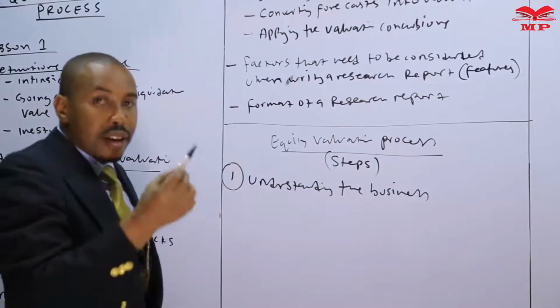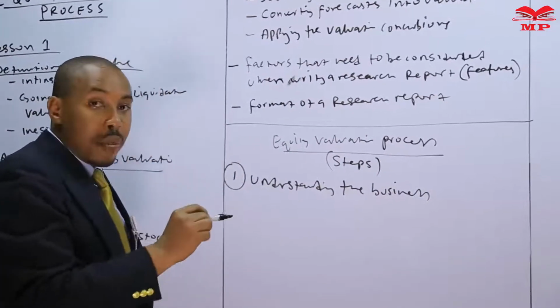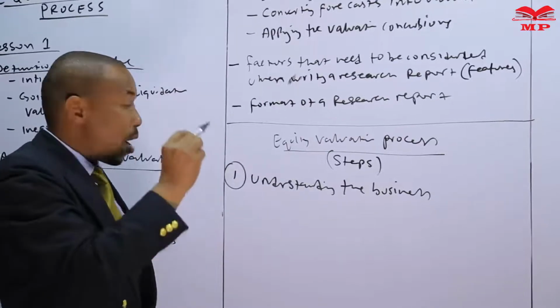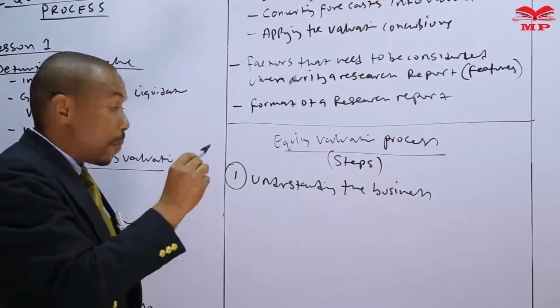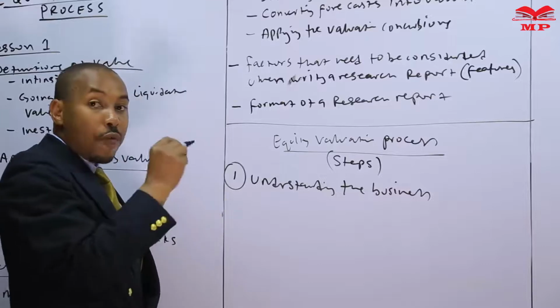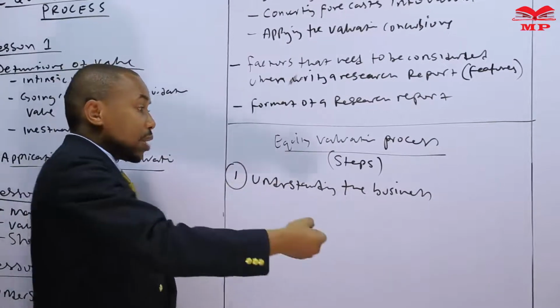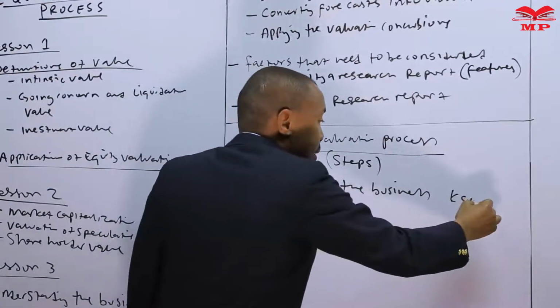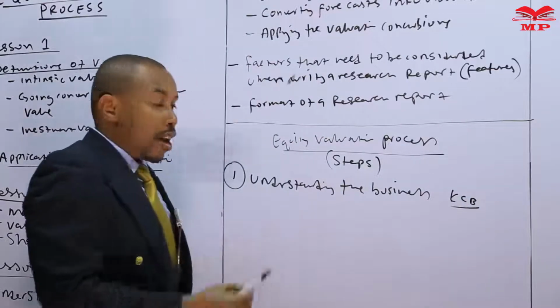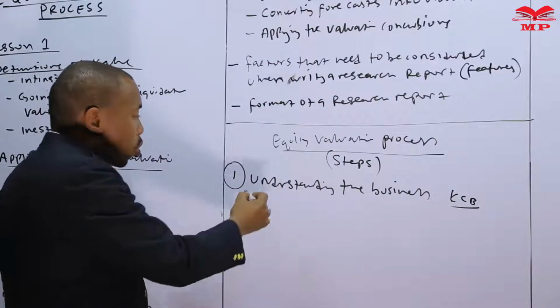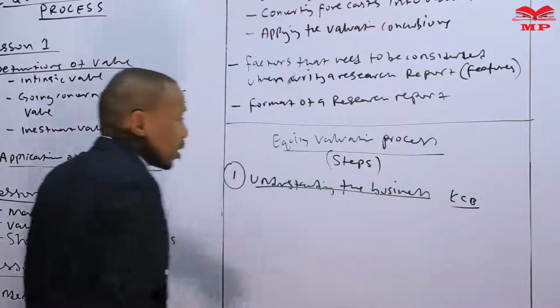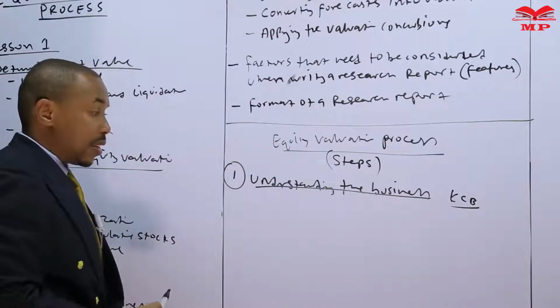Before you place any money into the stock market, you need to have a thorough understanding of the nature of the business that, for example, KCB is doing. And we will break down what we need to look at when trying to understand KCB's business.